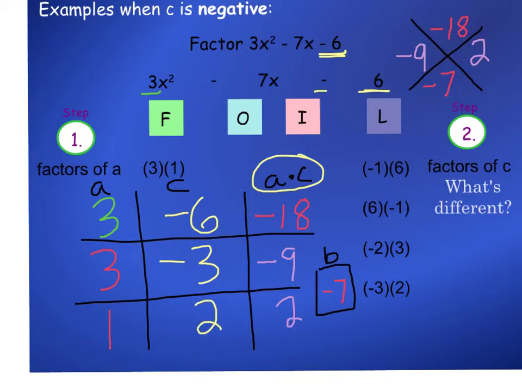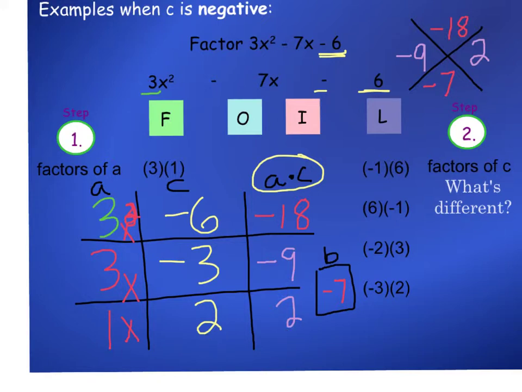Now I forgot to write my x in, because this first term is really 3x squared, so I need to have an x here and an x here, because that would make 3x squared. Okay, so let's check. 1x times 3x is 3x squared. Yep. 2 multiplied to negative 3 is negative 6, and we already checked this. 3 times negative 3 is negative 9, and 2 times 1 is 2.